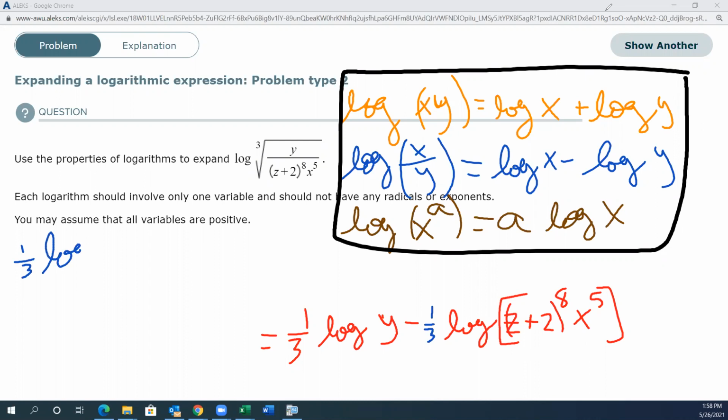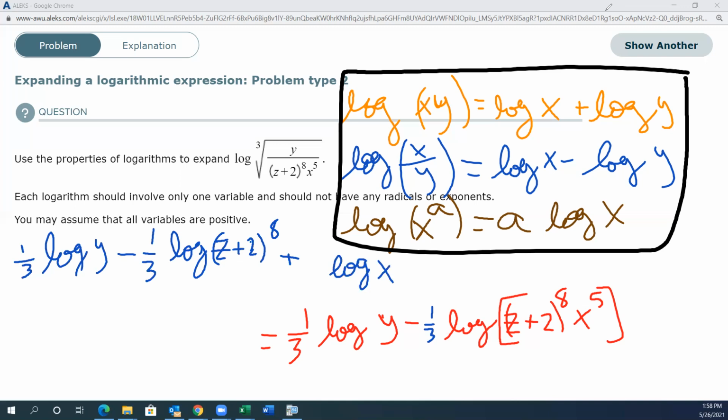That doesn't change. Minus 1/3 log z plus 2 to the 8th, and then plus log x to the 5th. All right, cool.